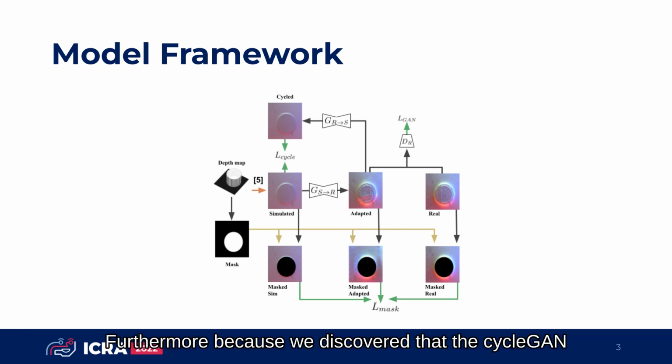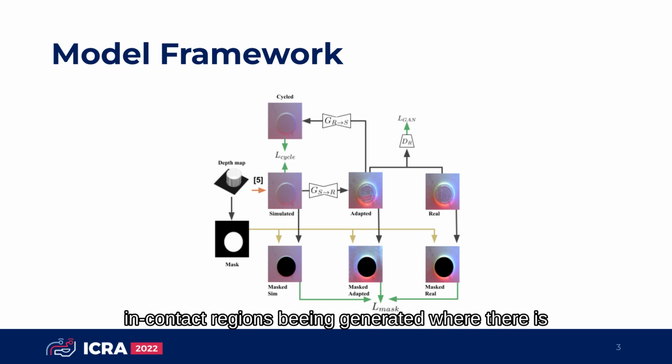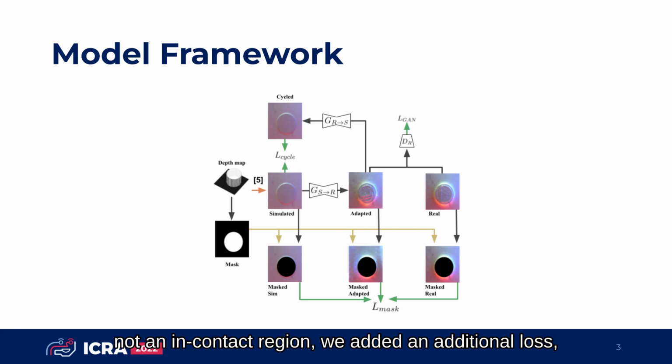Furthermore, because we discovered that the CycleGAN architecture gives rise to different anomalies, such as a flipped background or in-contact regions being generated where there is not an in-contact region, we added an additional loss, a mask loss.